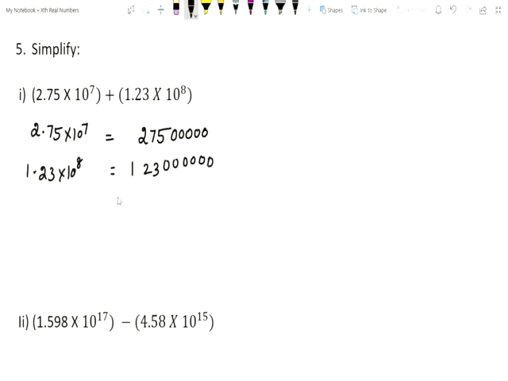Now what are we going to do? We are going to add. 0, 0, 0, 0, 0, 5, 3 plus 7, 10. So 0, remaining 1, 5, 1. Now you should write the answer in scientific notation.